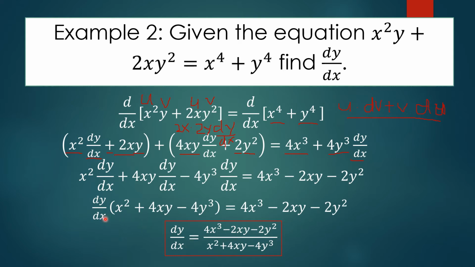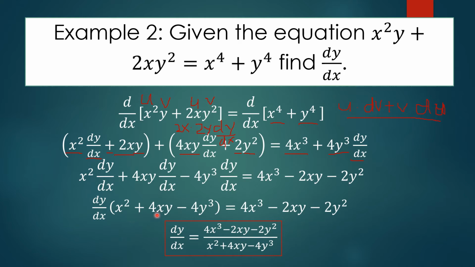Okay, so to get the value of dy over dx, i-divide natin yung expression, which is x squared plus 4xy minus 4y cubed both sides. So, kung nag-divide ka dito sa left, it should be done also in the right. Okay? So, since na-divide mo na si x squared plus 4xy minus 4y cubed dito sa left, magiging 1 na siya.